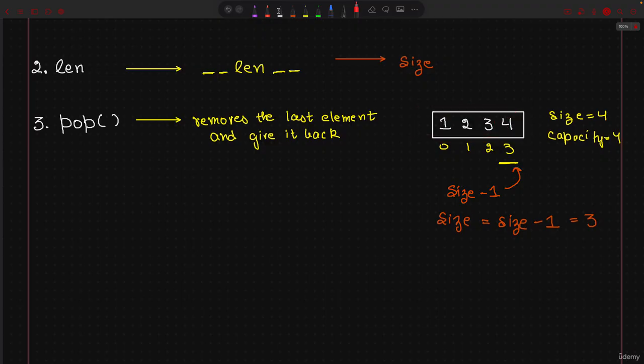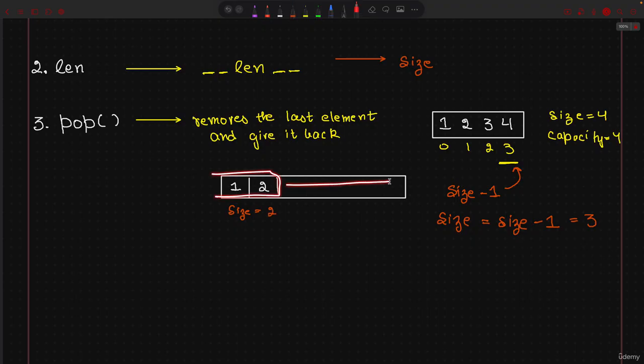So tomorrow if my overall array is this big in size, and let's say I have stored only till 2 here, and the size here I say is 2, I just have to focus on these elements. I don't care what exactly is stored in this particular location because I just have to go till size, right?